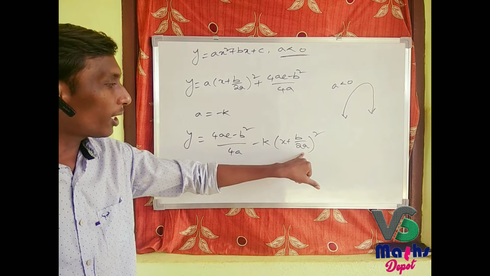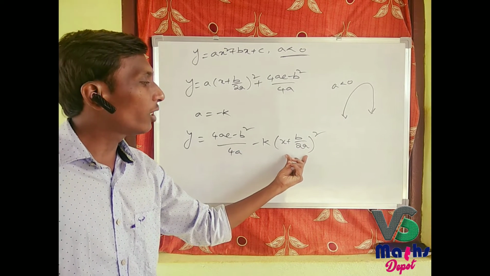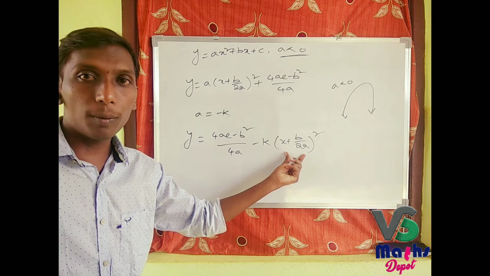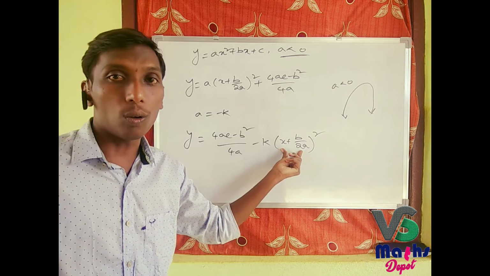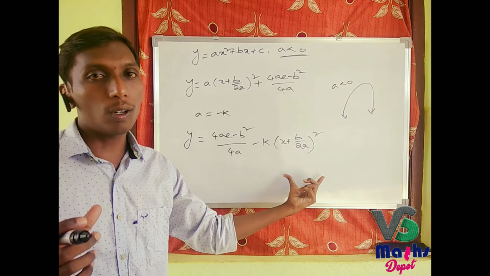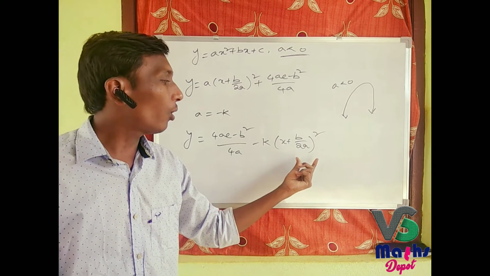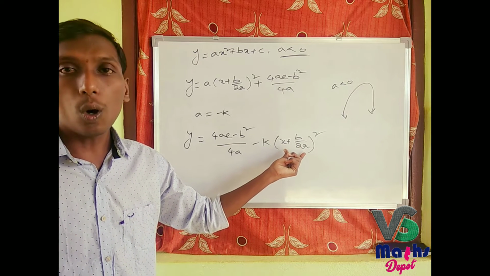But here (x plus b by 2a) whole square is a perfect square. This value should be the least at x is equal to minus b by 2a. The least value of (x plus b by 2a) whole square is equal to 0, because a perfect square will not be equal to a negative value. Therefore, the minimum possible value is 0 only.